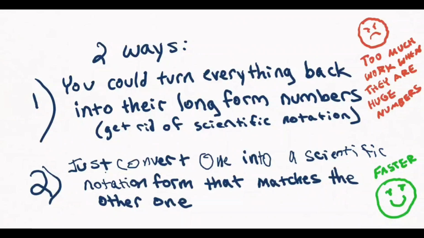You could turn everything back into long form numbers, just get rid of the scientific notation, which is too much work when you're dealing with huge numbers. So I do not suggest that. But you can do that if you get confused and you're really, really lost. It's better than nothing. Or option 2, you convert one of those scientific notation forms into a format that matches the other one, that has the same exponent.